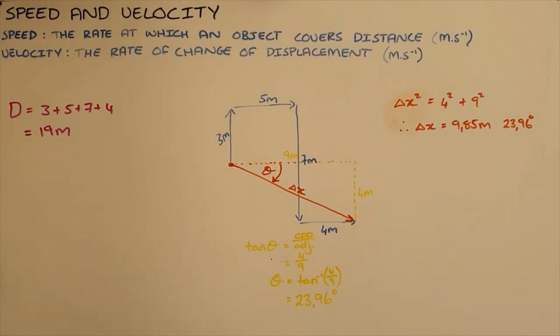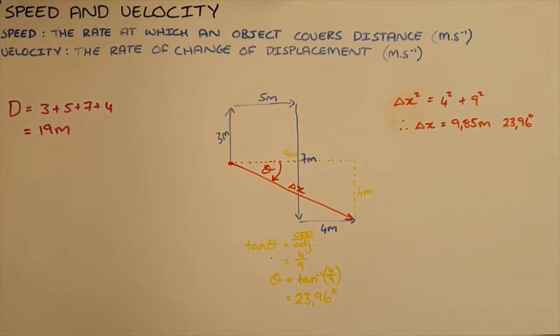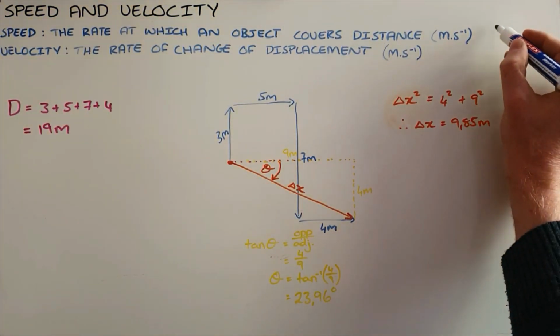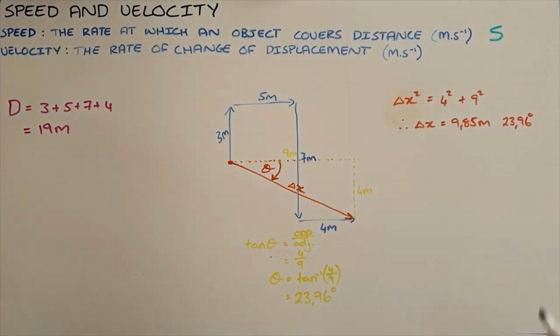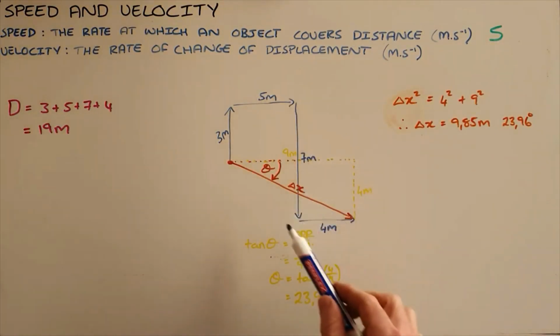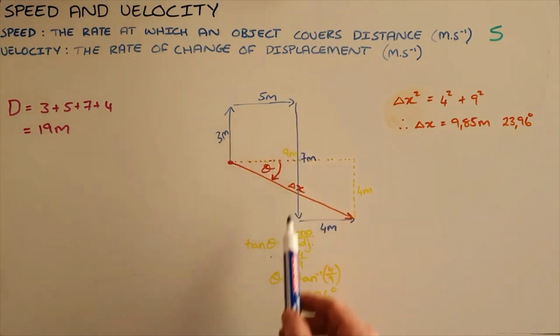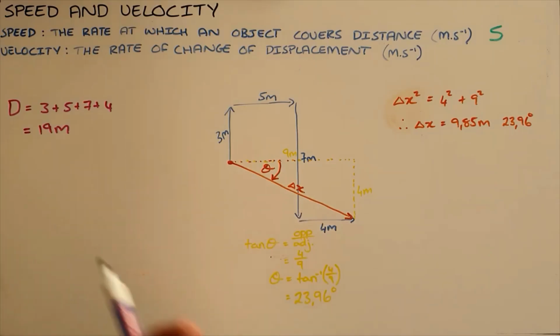Speed is defined as the rate at which an object covers distance. It is measured in meters per second, and it has the symbol uppercase letter S. So in our previous example, we calculated the distance covered by this object, where we know that distance is the length of the path taken. We said the distance covered was 19 meters.